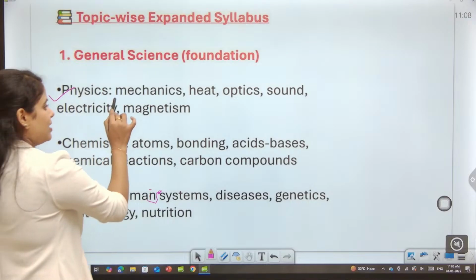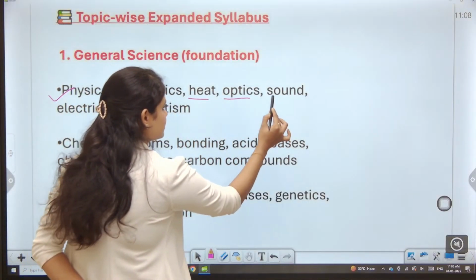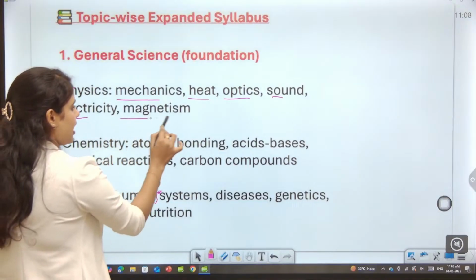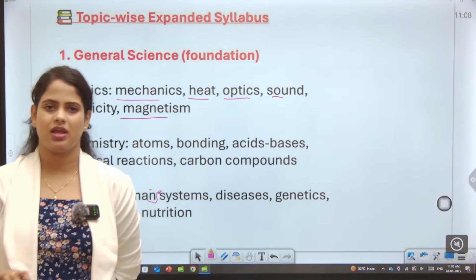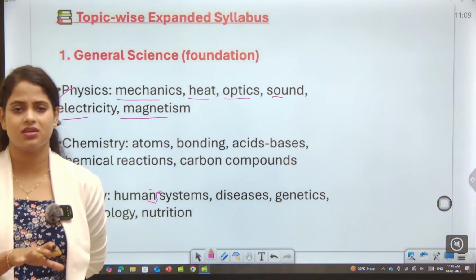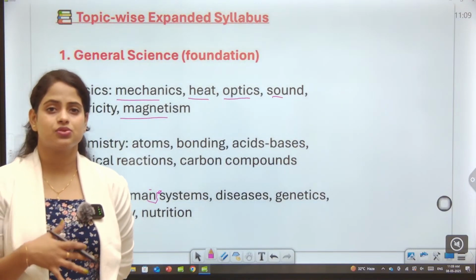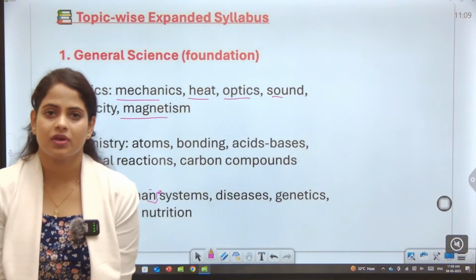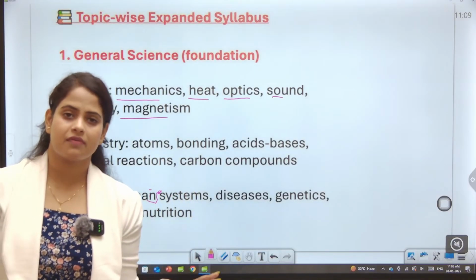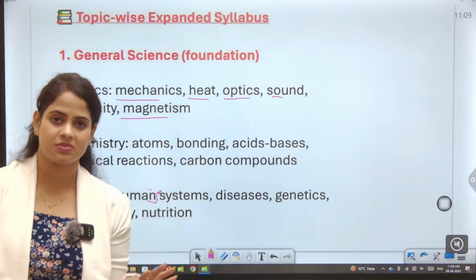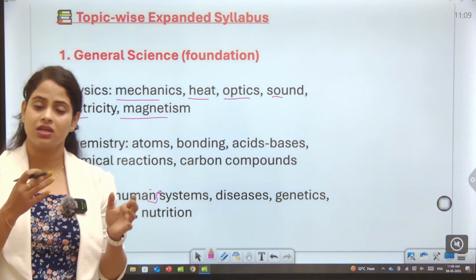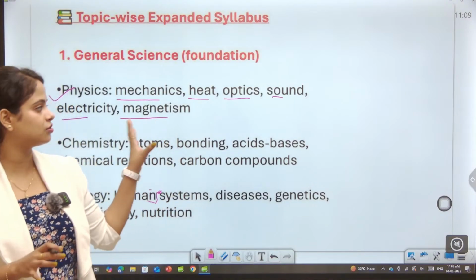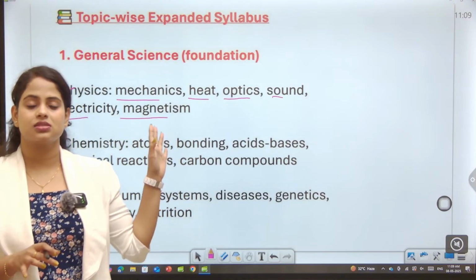Guys, the mechanics, heat, optics, sound, electricity, and magnetism. These are very easy, because as we are preparing for the OPSC, most of the students are from an ODI background, or some from CBSE or ICSE. No matter which background, we have read it in the school period.